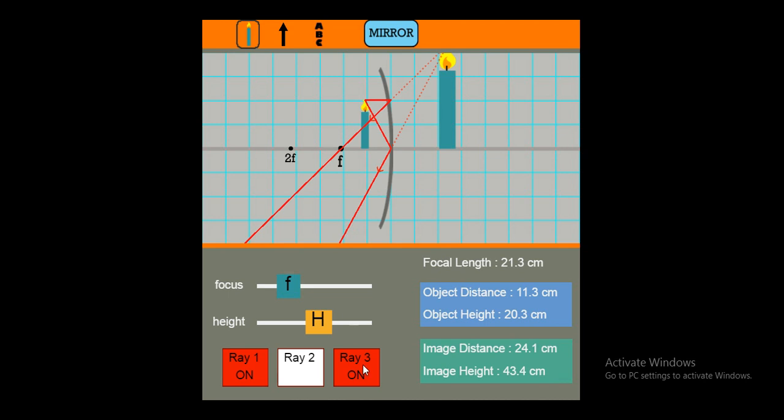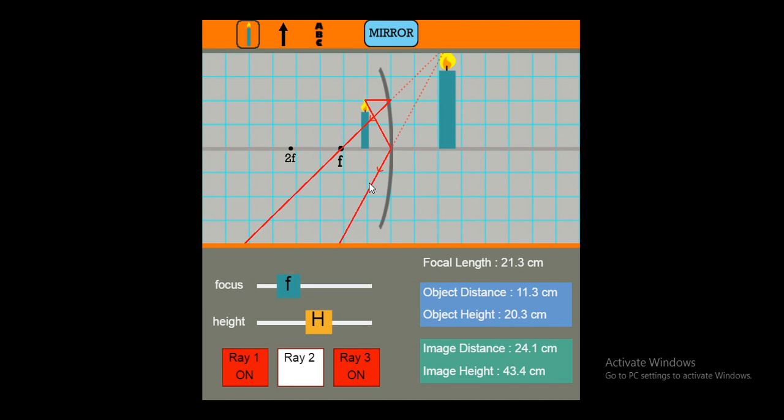Then we can get another ray type. Pay attention to this arrow mark. This incident ray started from the top of the object and is incident on the mirror at P, making a certain angle.